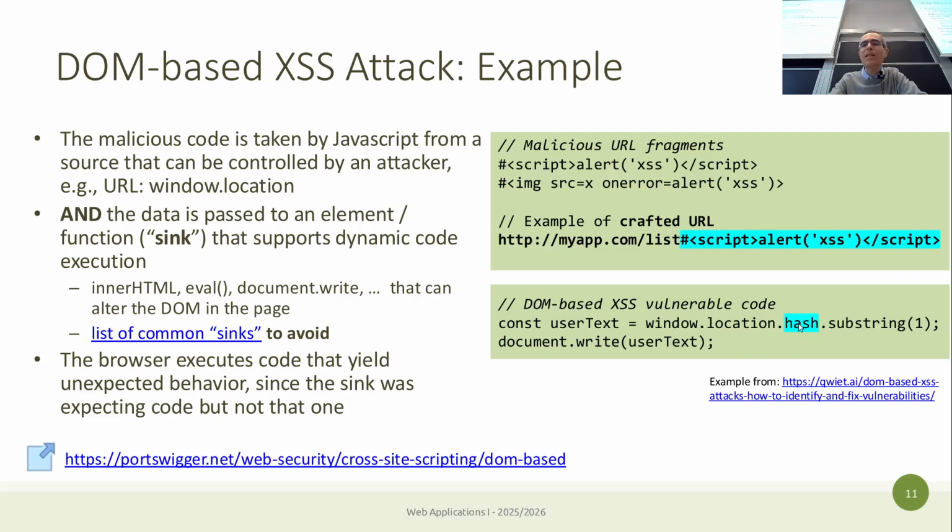Like in this case, document.write of the user text. Of course, I mean, this is quite trivial to identify. I mean, document.write is probably a function that you should never use, okay? It creates a new part of the DOM, starting from a string, and this part is parsed by the browser, so executed by the browser and so on, okay?